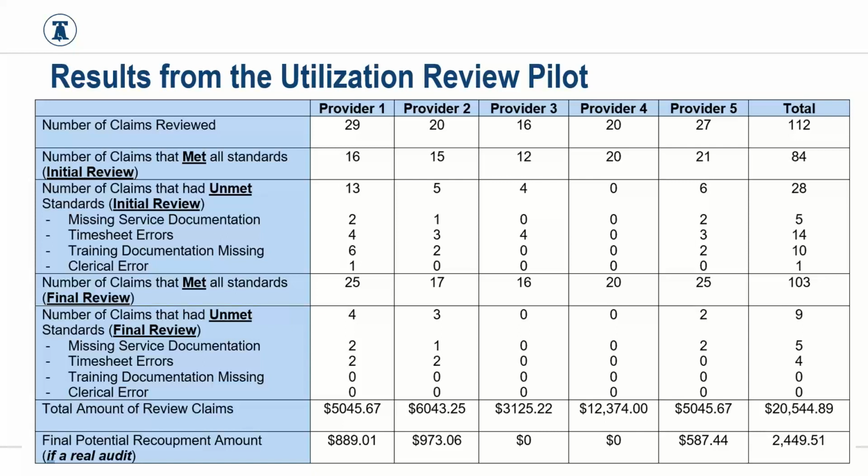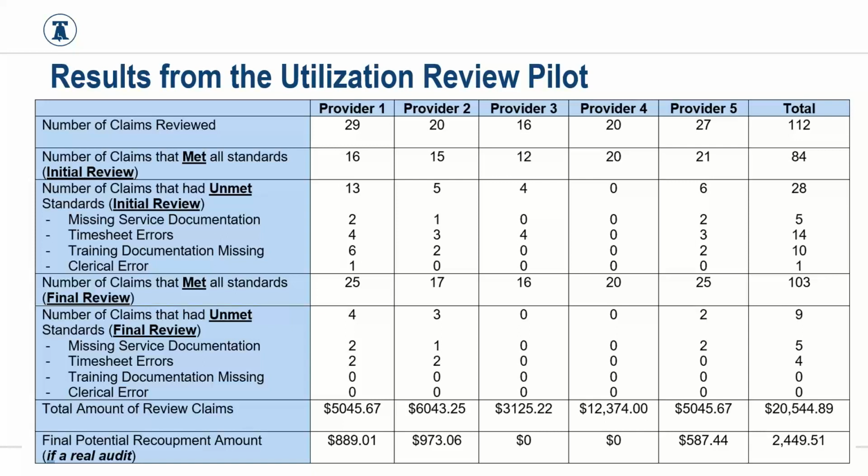So then after we received the supplemental documentation, now you can see in the next column the number of claims that were met at the final review. So you can see that went from 84 from the initial to 103 of the 112 that met all standards after the final review.